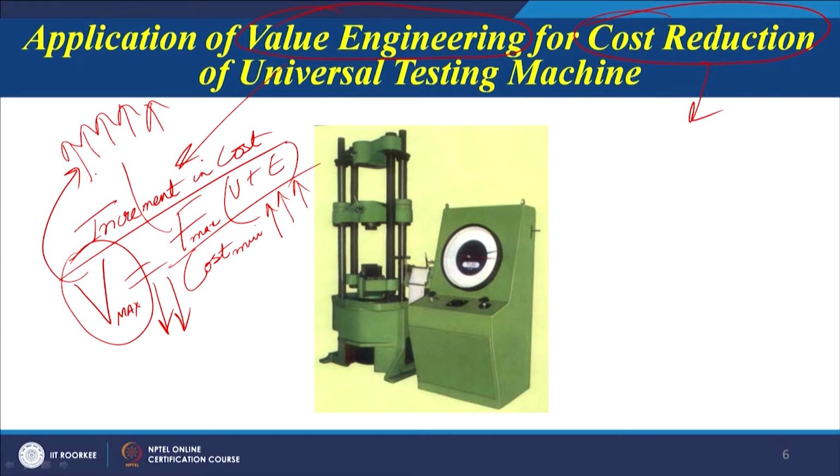We have to differentiate between value engineering and cost reduction, because here is an example where the cost is coming down and the value may also come down, because we may be compromising with some of the functions which are related to the product usage and which the customer wants.